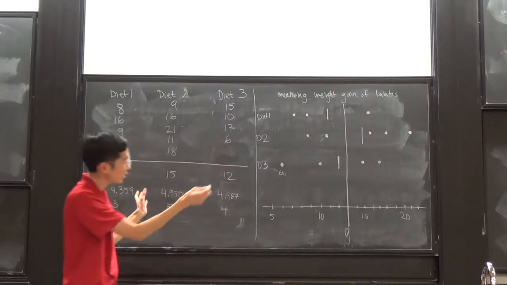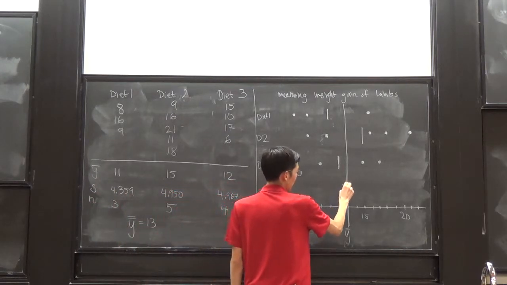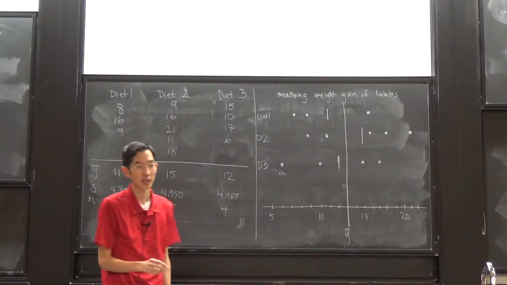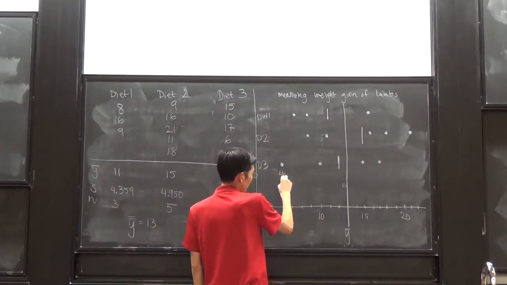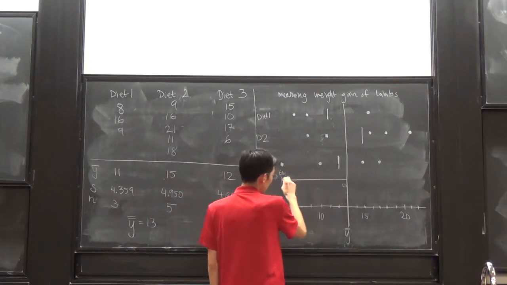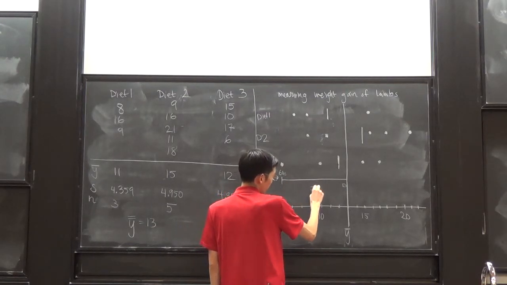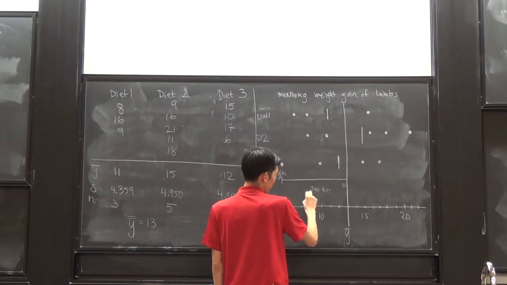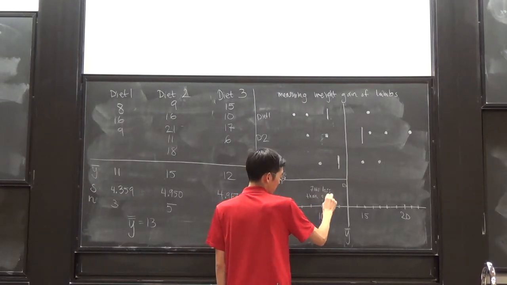The average weight gain of all lambs was 13 pounds. And so this lamb gained 7 pounds less than the average. Then I will say grand mean.